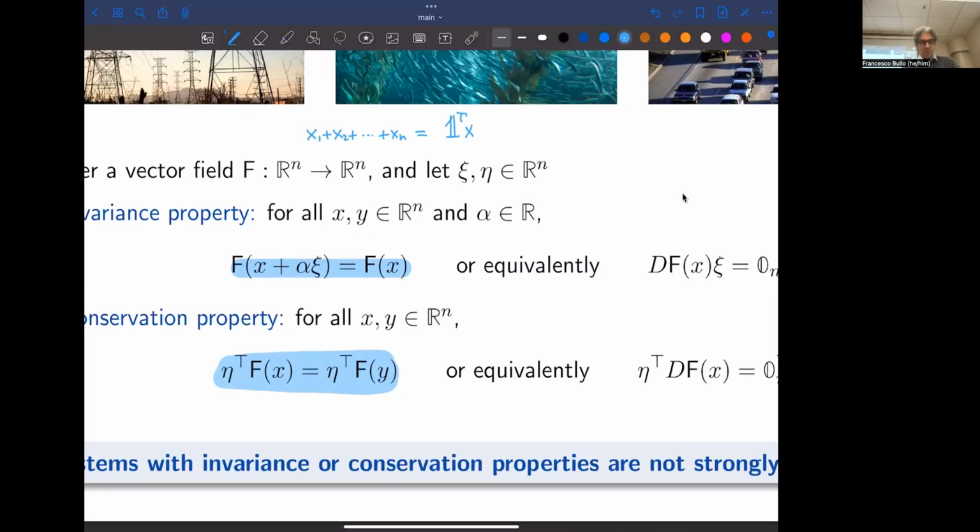So notice that the sum of the entries of x is just the vector of ones, 1_n transpose, multiplied into x. Now imagine that I claim that this quantity is equal to a quantity, let's call it capital C, and it is time independent.